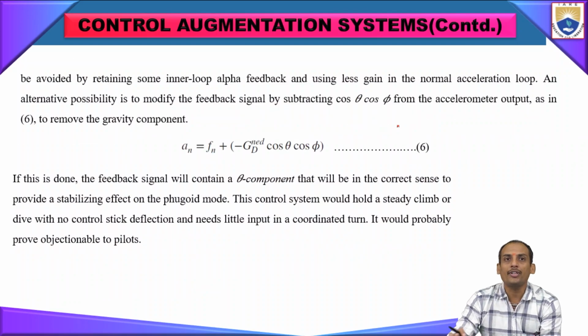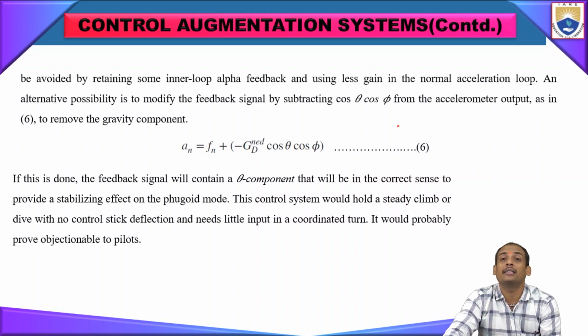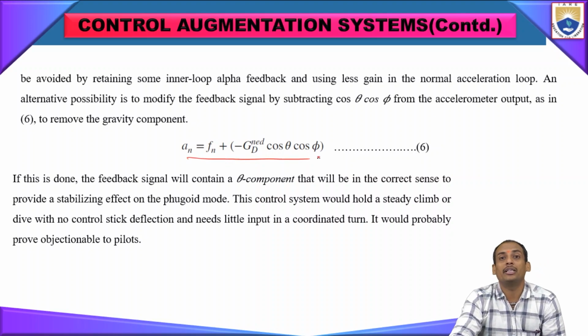To avoid the inner loop alpha feedback and use a gain in the acceleration loop, an alternative is possible: to modify the feedback gain for this normal acceleration, which we used from the previous equation. If you see this equation in the design of the SAS system, at that time we gave this equation: an will be equal to the normal force plus g d and e d cos theta and cos phi.